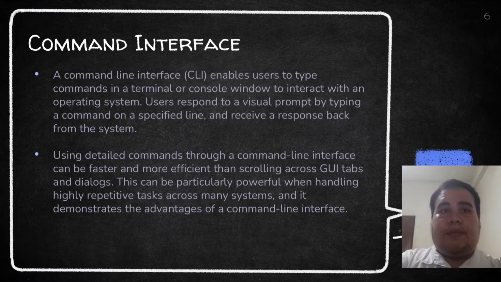So the command interface enables the user to type commands with the use of a keyboard to interact with its operating system. Just like I said, this can be more powerful when handling highly repetitive tasks across many systems, because a command line interface has its own set of commands.